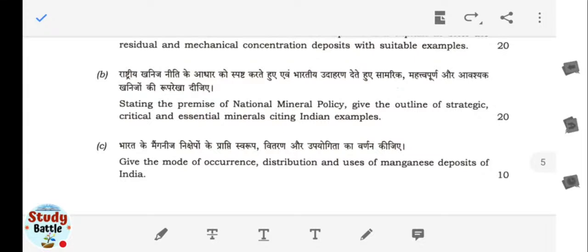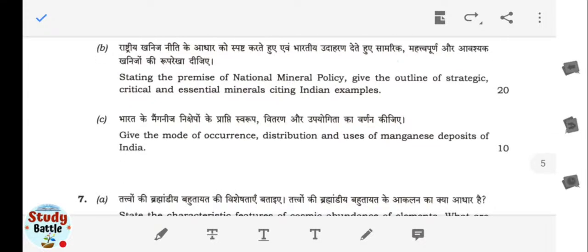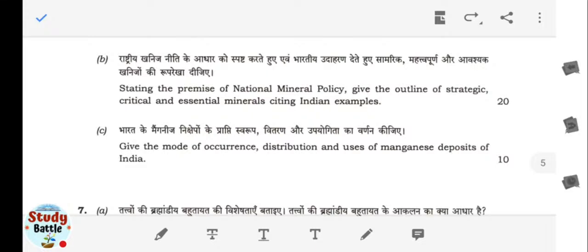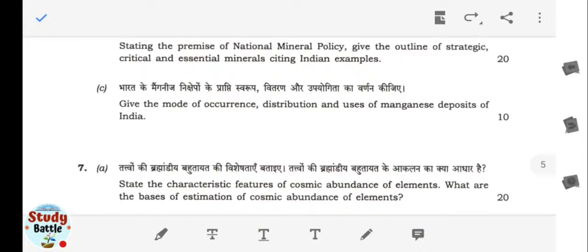You have to talk about all the three types of minerals: strategic, critical, as well as essential minerals, with respect to the National Mineral Policy. The year has not been mentioned here in NMP, so you can discuss the latest one or the previous one also.